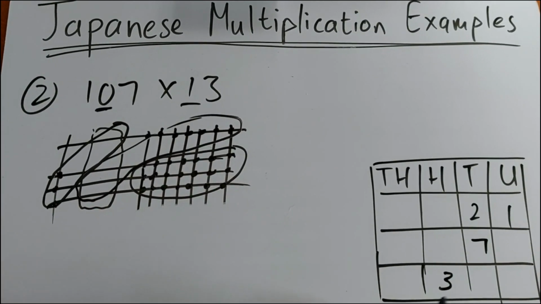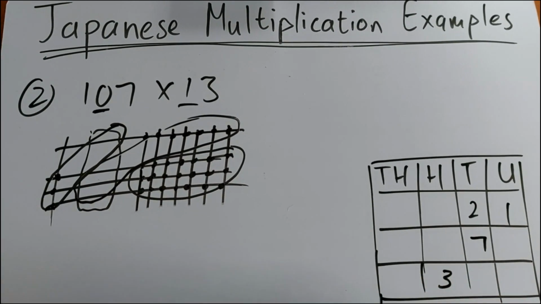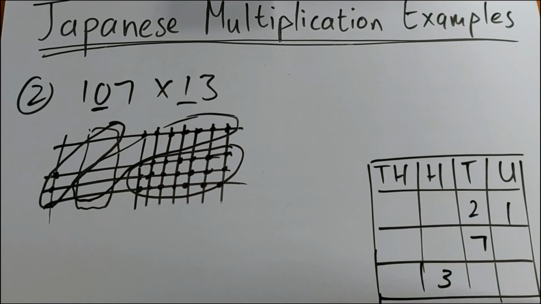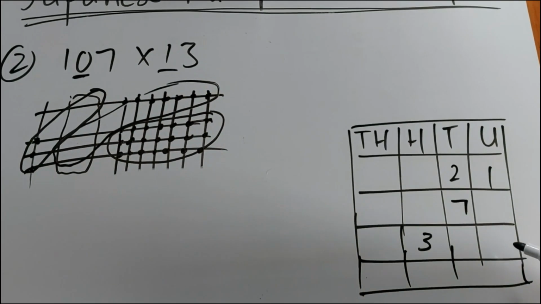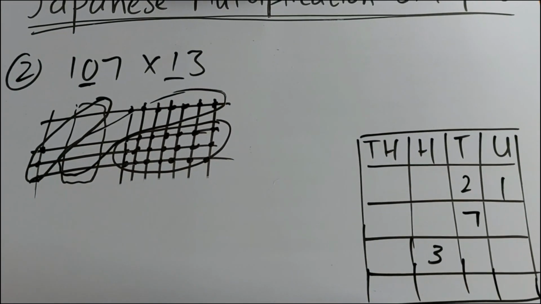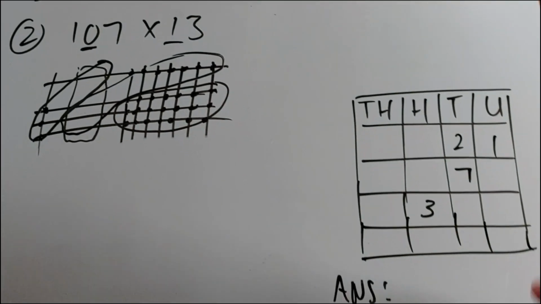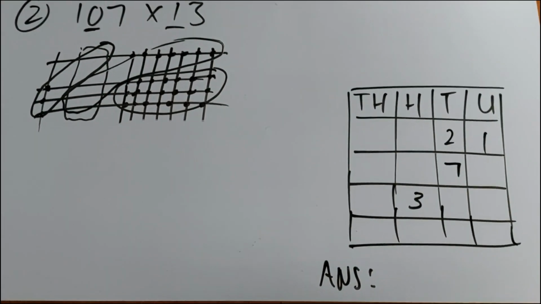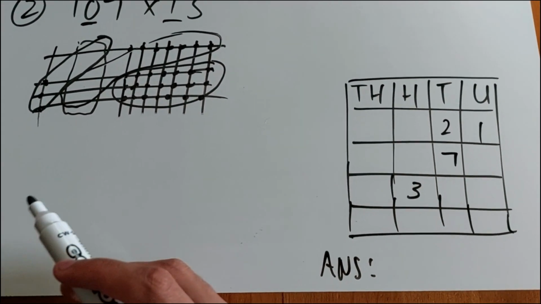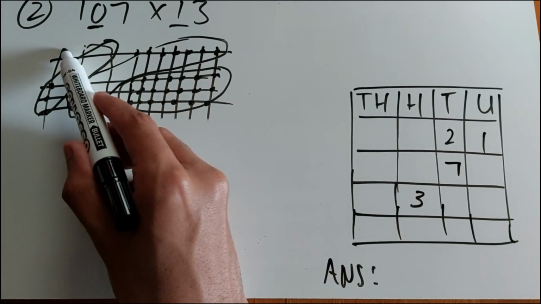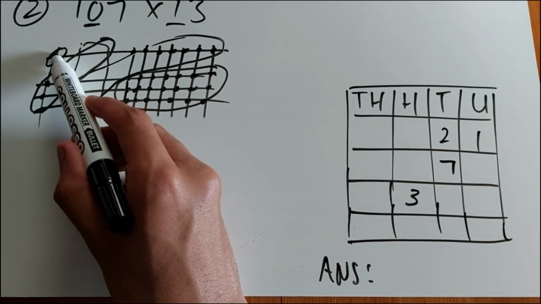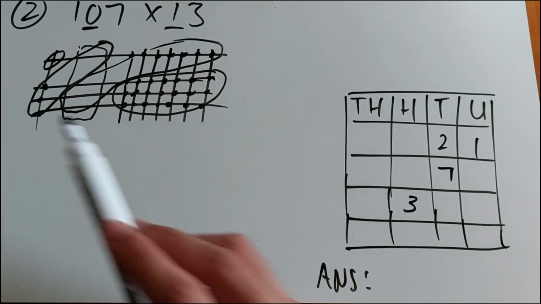And then let me just add another row. And lastly, we add our cross section in our top left corner, which is 1.